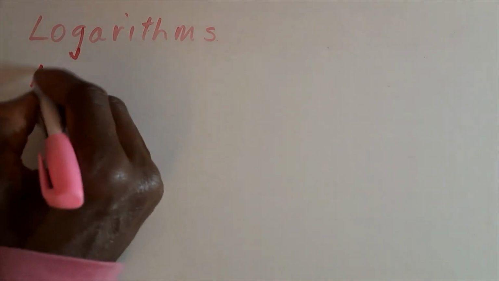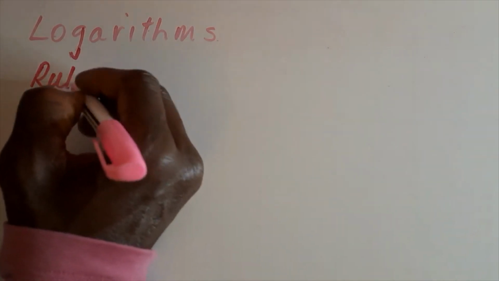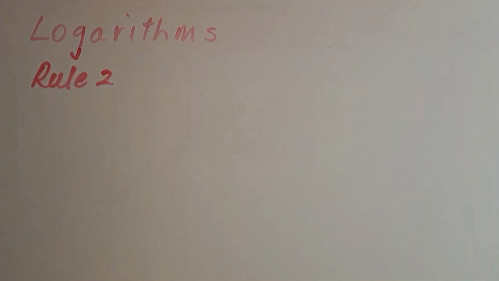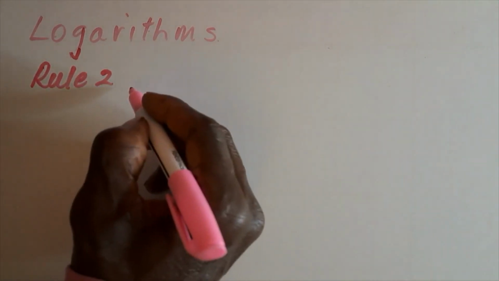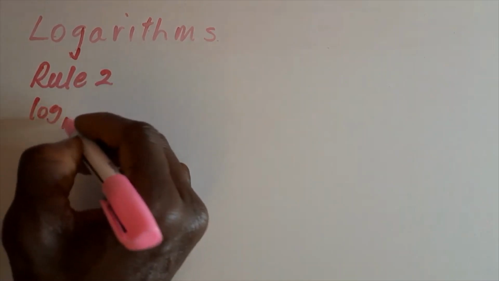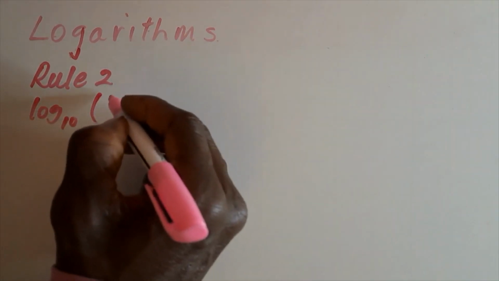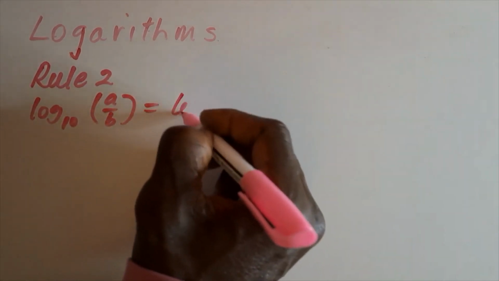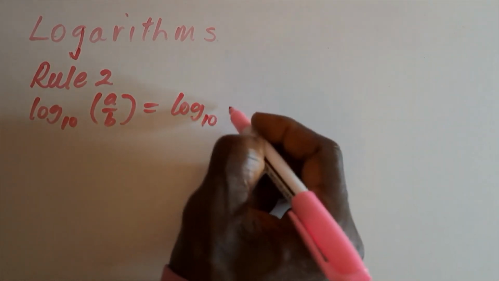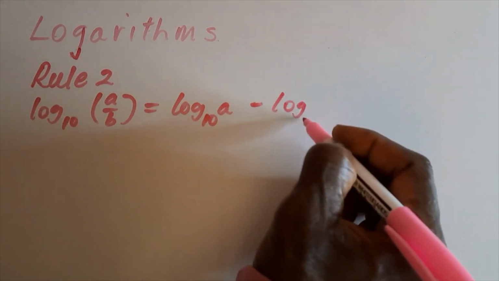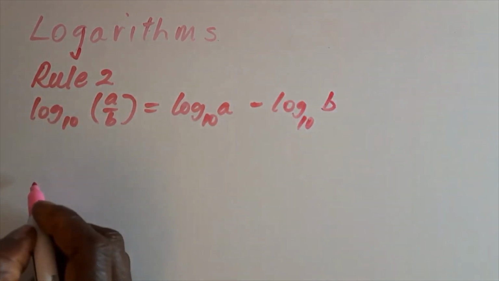We'll tackle rule 2 in this video of logarithms, and it states that if we have the log to the base 10 of a divided by b, we can simplify this to log base 10 of a minus log base 10 of b.